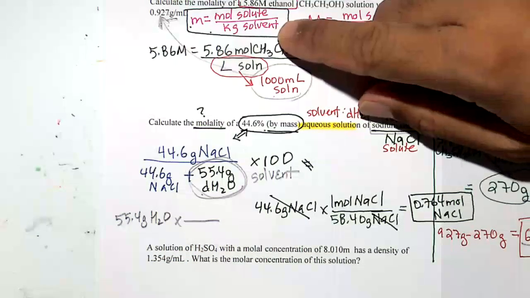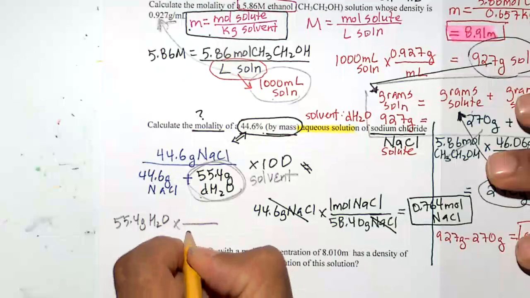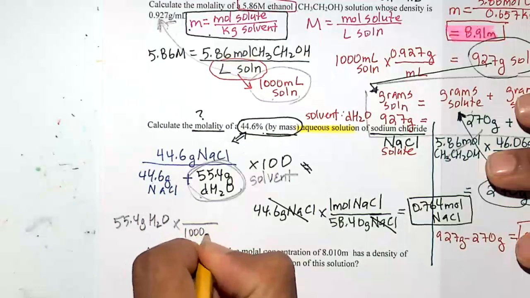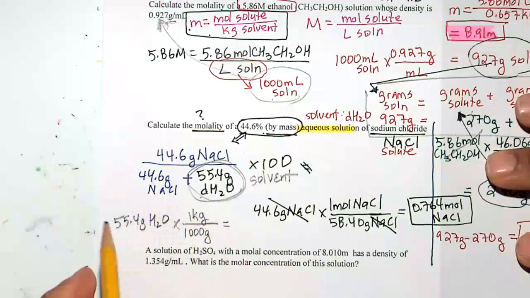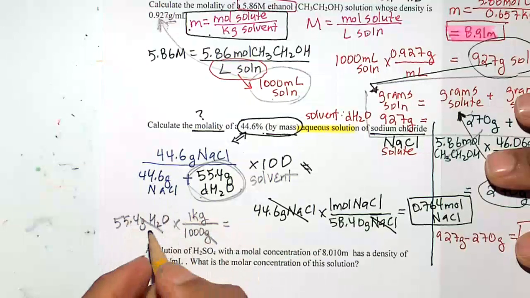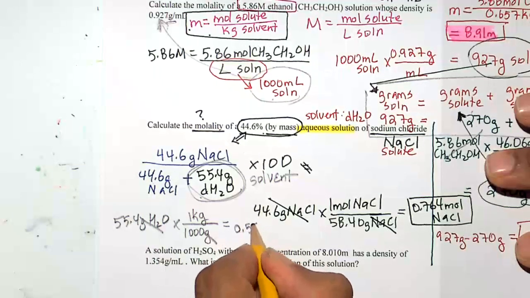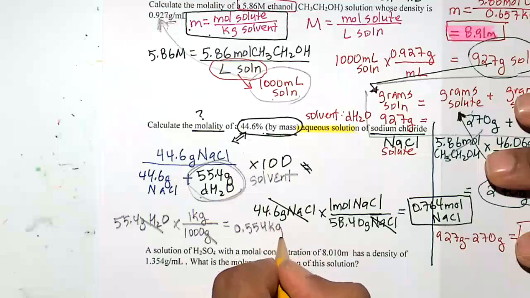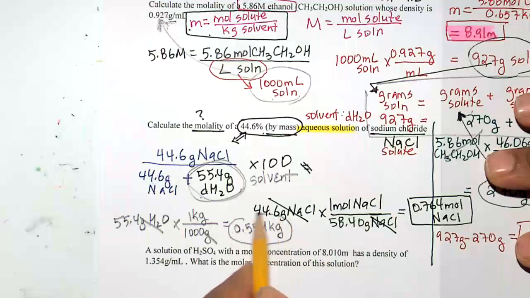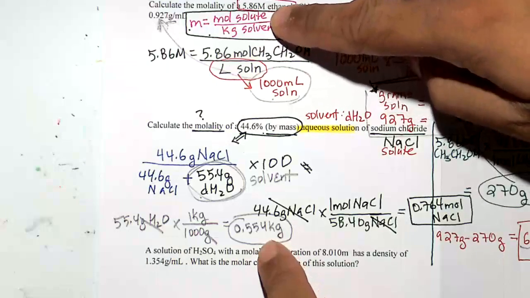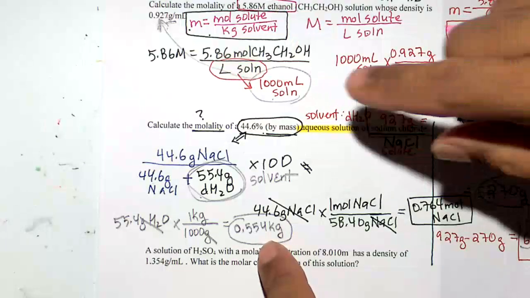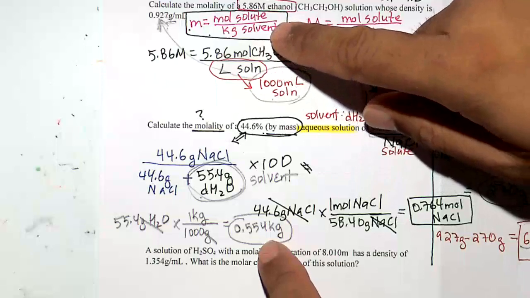Kilograms of solvent for molality: 1,000 grams is to 1 kilogram. That's the equivalence, so grams and grams cancel, and that's 0.554 kilograms of solvent. Water will be our solvent 99% of the time.